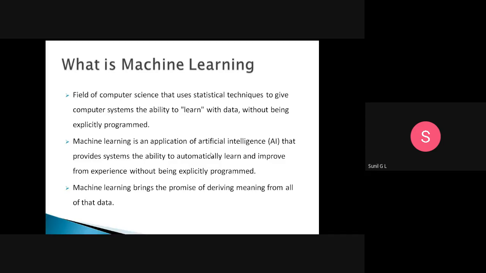Once you get more experience, you automatically answer that question. That we call learning from experience, without being given any explicit program. Just from past data, if the computer system has learned, that we call machine learning.